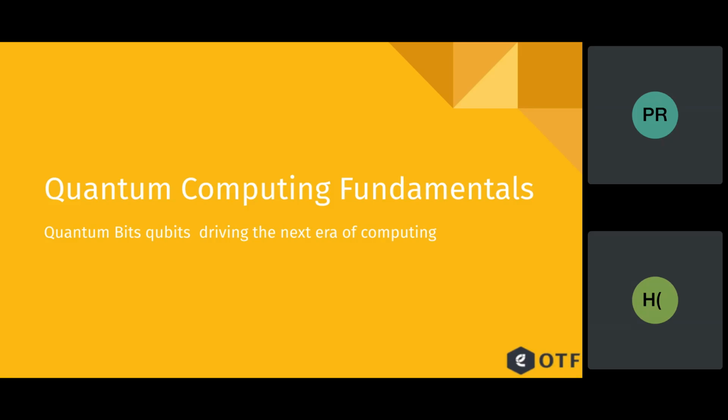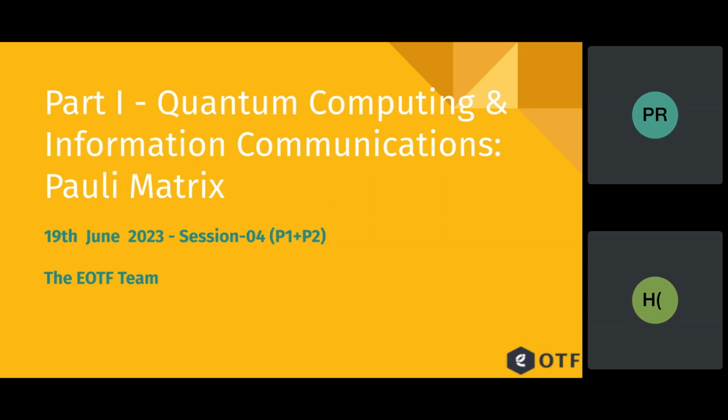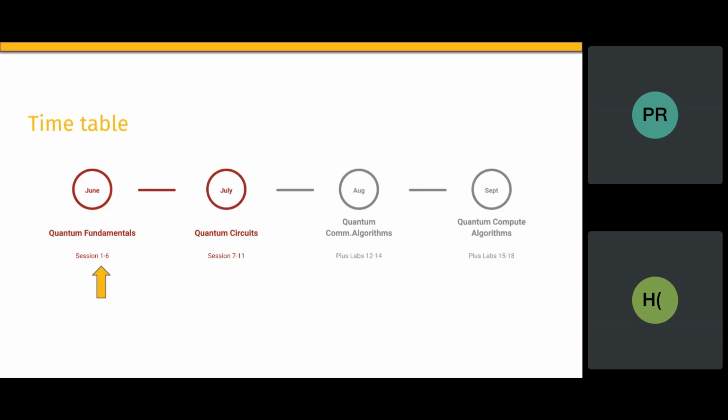We are on the quantum computer fundamentals session 4, and we are going to deal with the Pauli matrices. Before we jump to that, I just want to make sure: part 1 is what I cover, and part 2 will cover the rest. We have 4 sessions, June, July, August, September. We have finished 3.